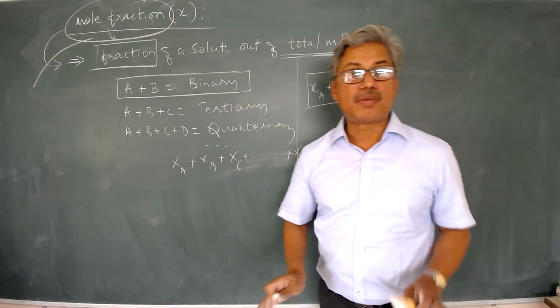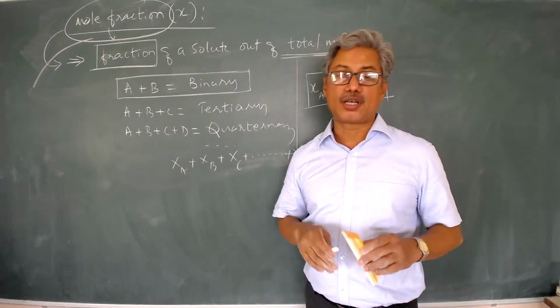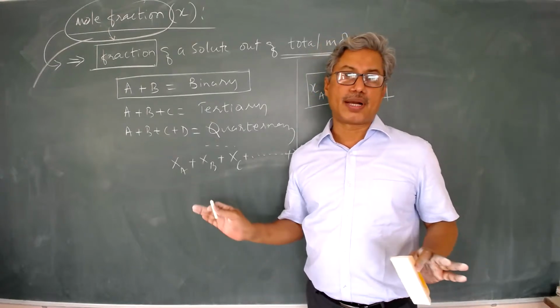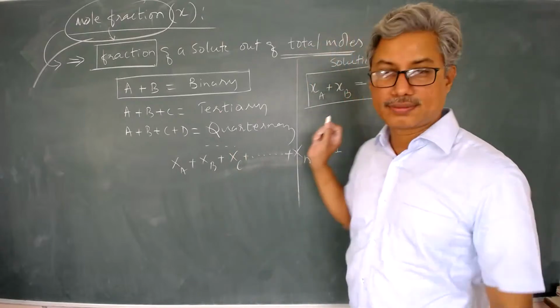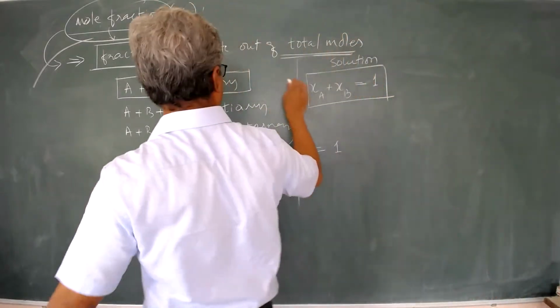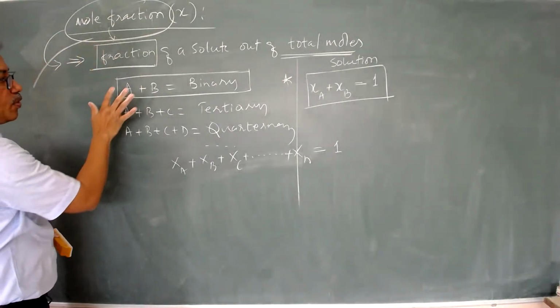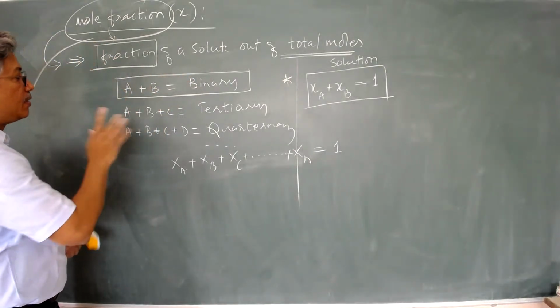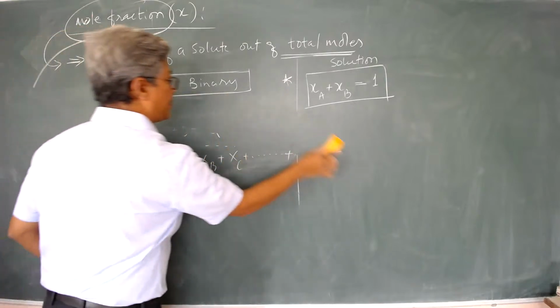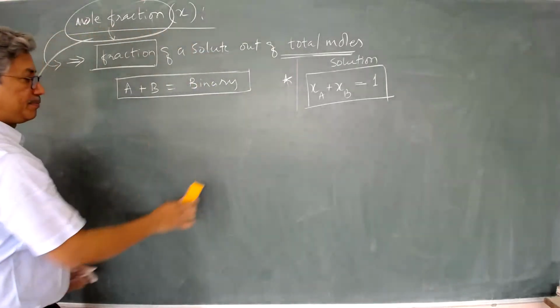That means the sum of the mole fractions of any number of components will always be found equal to 1. This you should remember. It's very much important. As this concept is applicable for only a binary system with respect to our syllabus, we go with respect to only that concept. Okay.